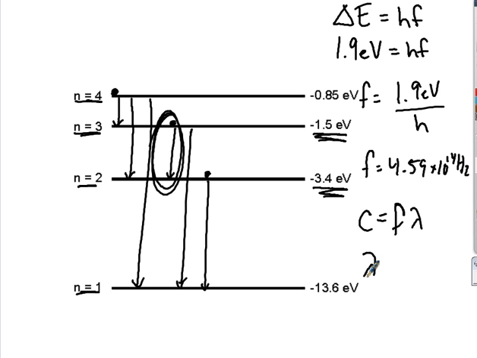I can find the wavelength emitted as an electron falls from the 3rd to the 2nd energy level is 650 nanometers. So that corresponds to red to yellow, so maybe orange light being emitted as that electron falls from the 3rd to the 2nd energy level.